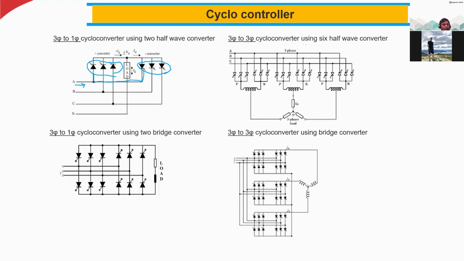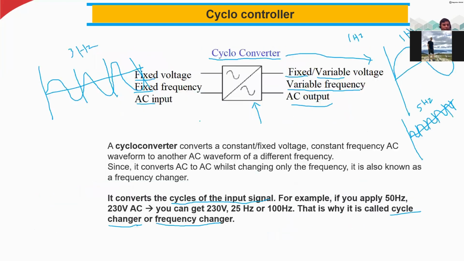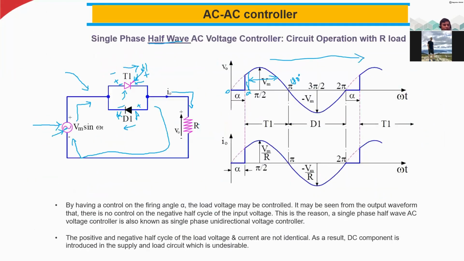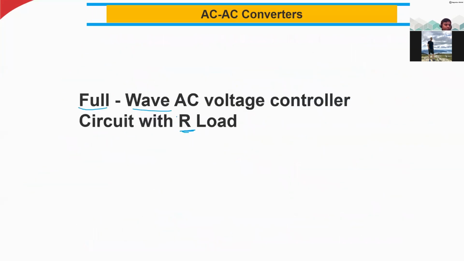Positive half cycle means here will be positive anode and here negative cathode, but in the negative half cycle here will be negative and here positive. I already told you in the very beginning how it works. The same logic you can apply in any size of circuit.